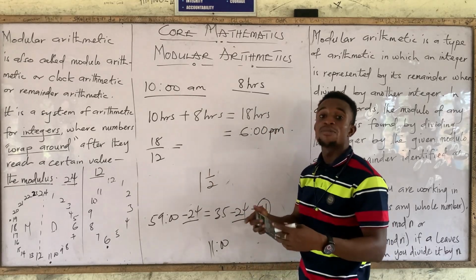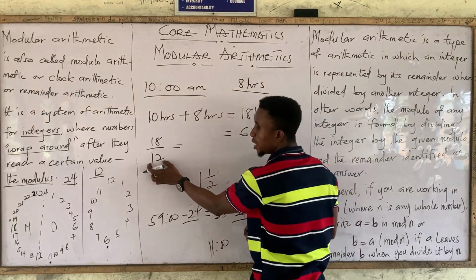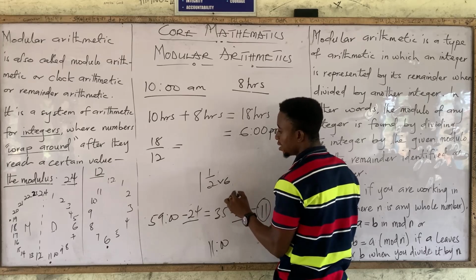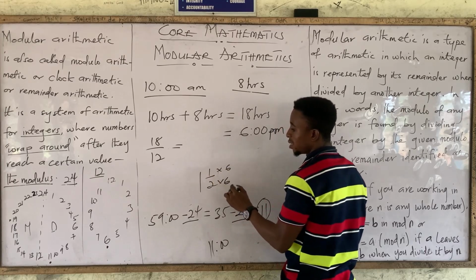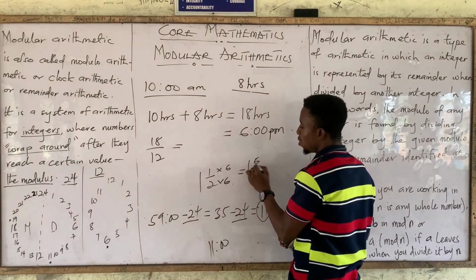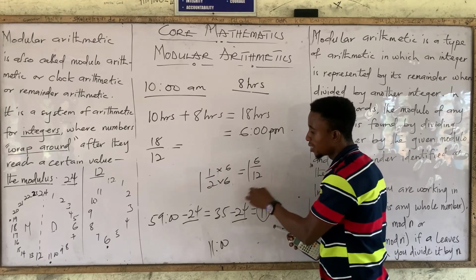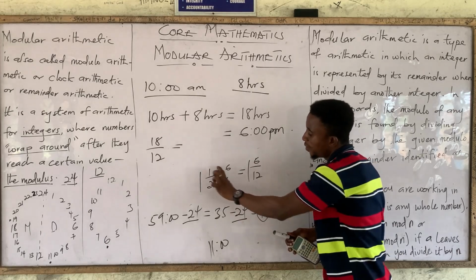We are interested in the remainder. Here is 6. When we cancel, we get back 1 on 2, so this one is equivalent to this.